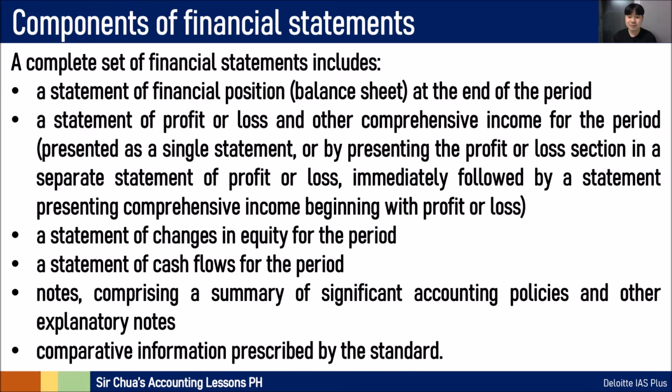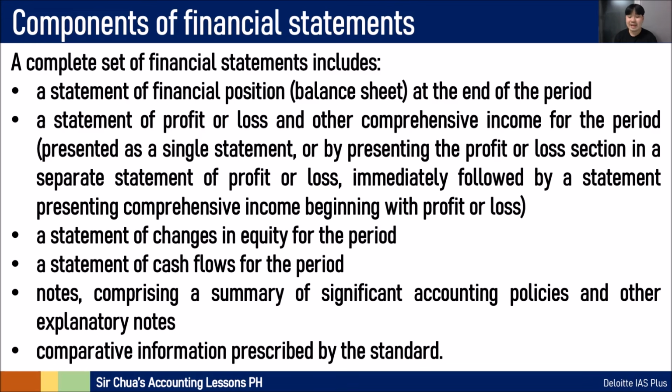And then the statement of changes in equity, the one that you call capital statement, and then the statement of cash flows for the period, and then the notes to the financial statements, which also comprise a summary of significant accounting policies and other explanatory notes on each of the line items on the face of the financial statements.